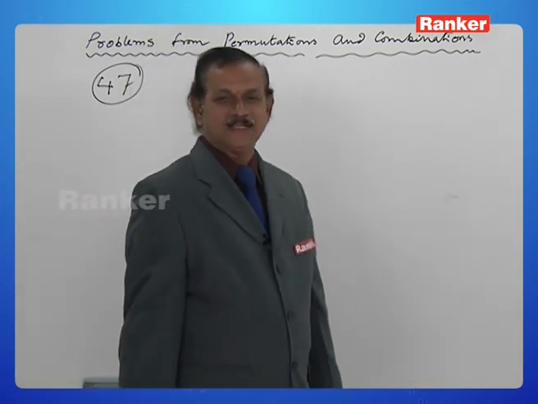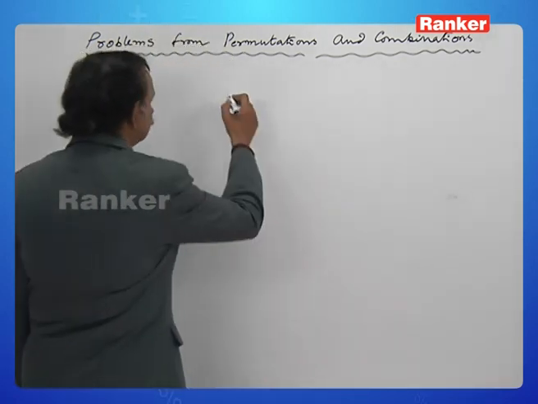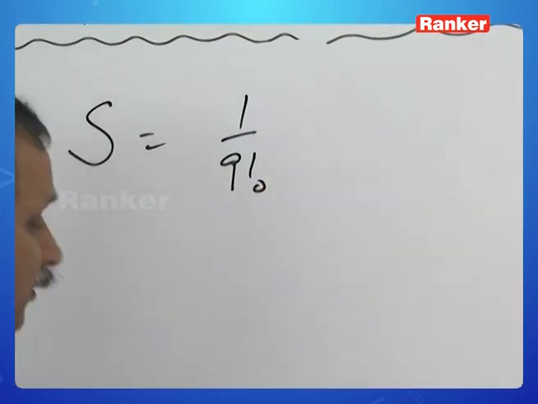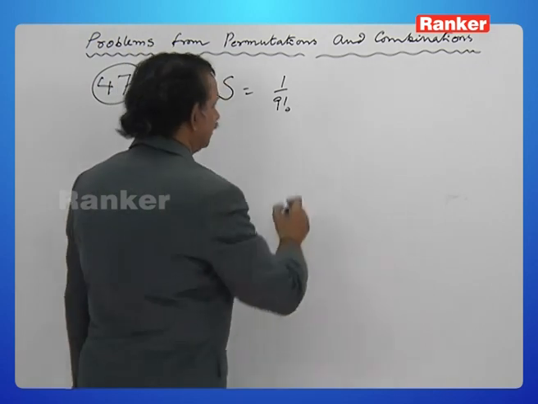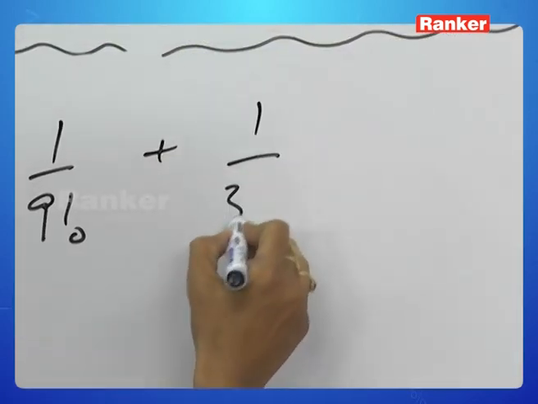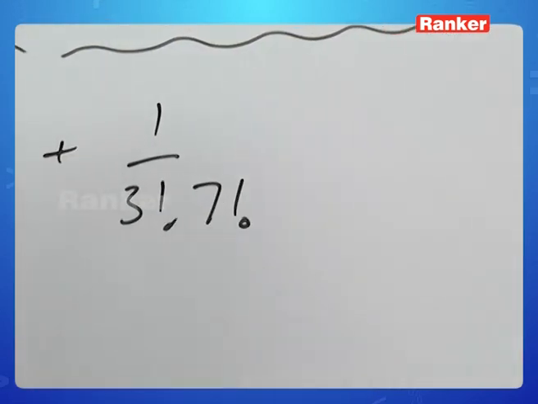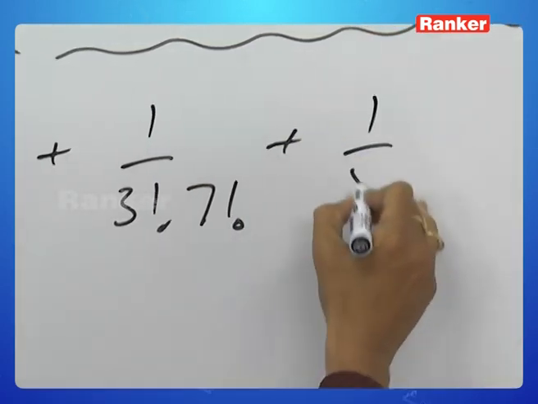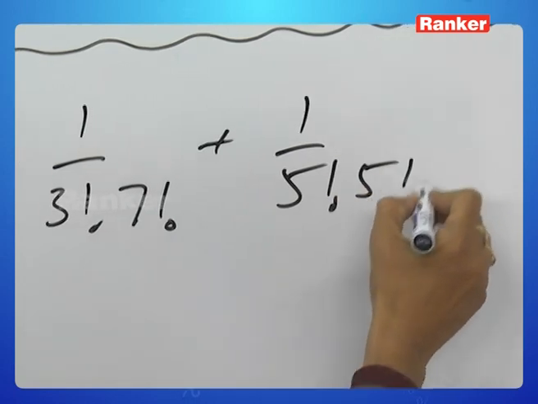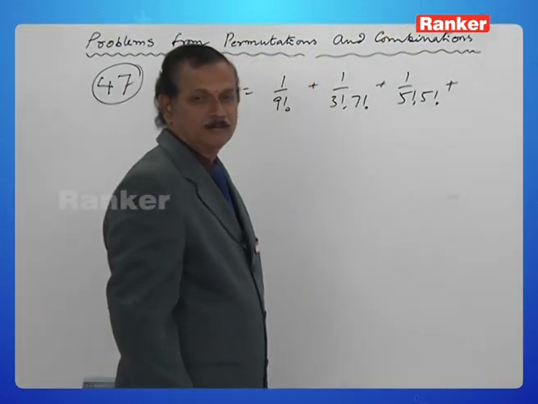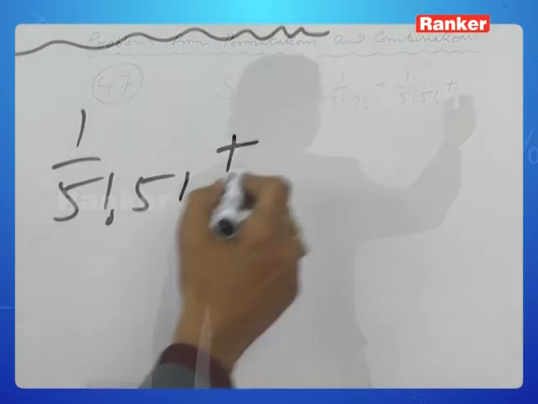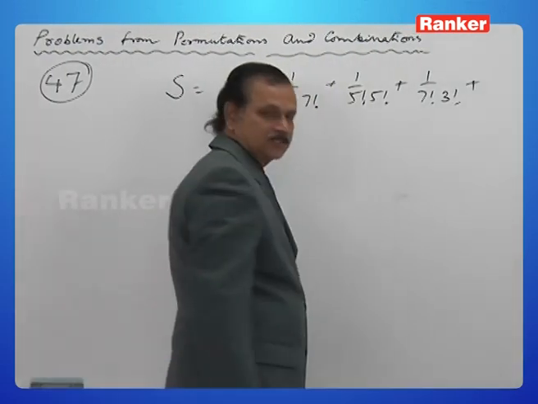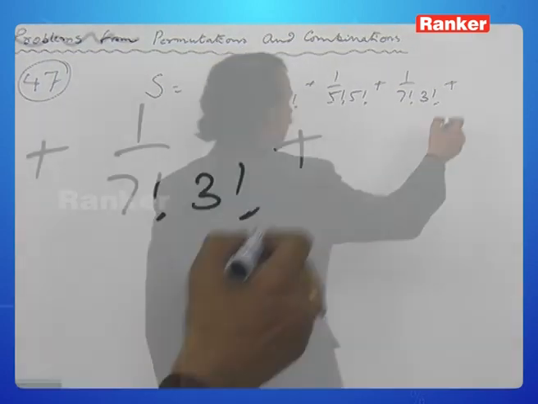He has given a sum S equal to 1 by 9 factorial plus 1 by 3 factorial into 7 factorial plus 1 by 5 factorial into 5 factorial plus 1 by 7 factorial into 3 factorial plus 1 by 9 factorial.